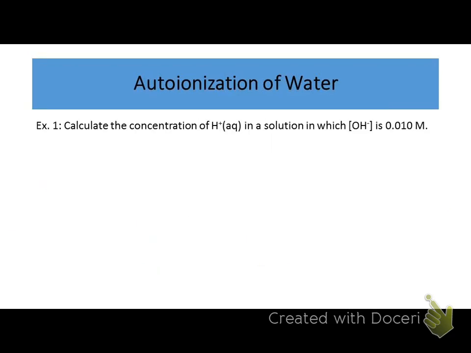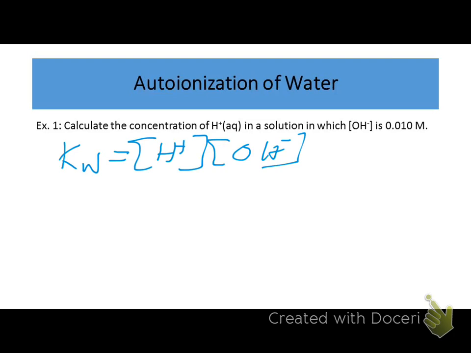So now, knowing all of this, we can basically calculate the H plus concentration or the OH minus concentration in an aqueous solution if we know one or the other by using the equilibrium expression Kw. So Kw is equal to the H plus concentration times the OH minus. Remember, the H plus is just the hydronium ion.